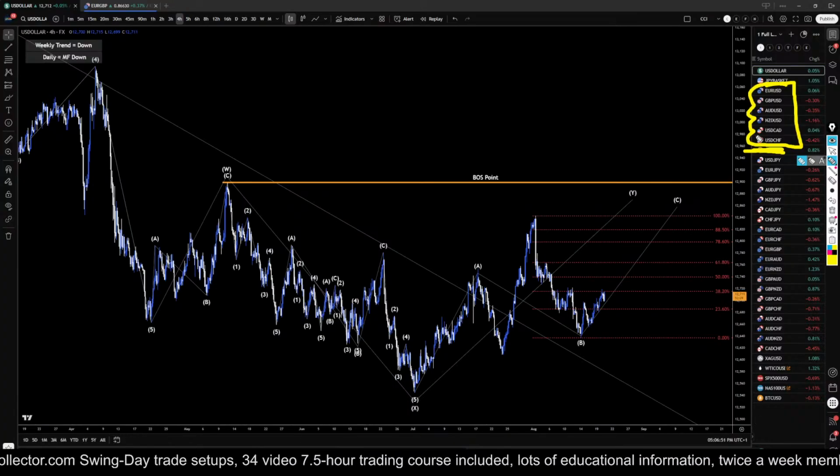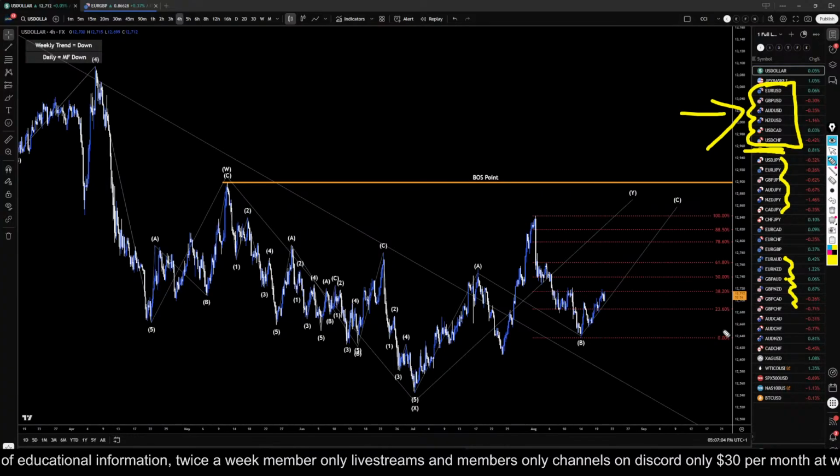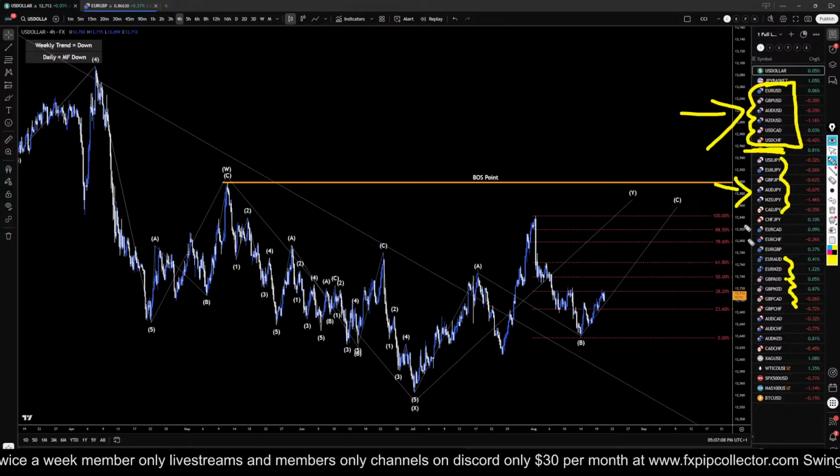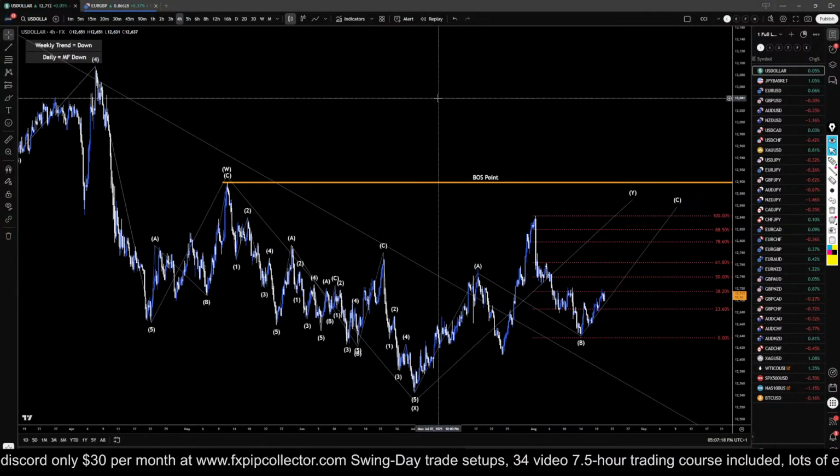And then you also get your risk on, risk off currencies like the yen pairs, the Aussie pairs, and the Kiwi pairs. The US dollar analysis definitely affects those pairs also. So the US dollar index tells you what to do on all six of these pairs, plus it gives you a pretty good hint about what to do on the risk on, risk off currencies like the Aussie, yen, and Kiwi. Just this one analysis tells you what to do on many, many of these dollar pairs, which is great.